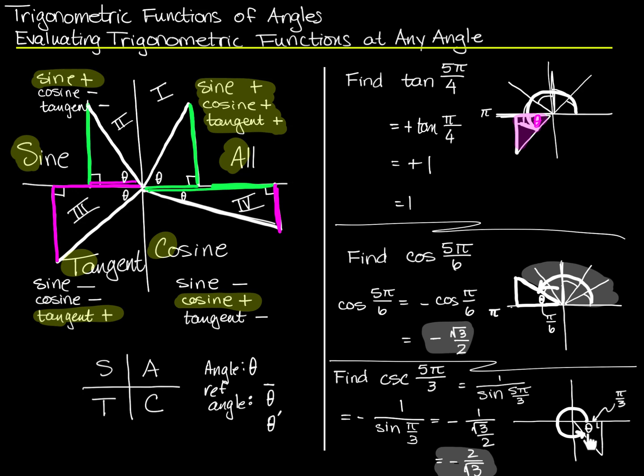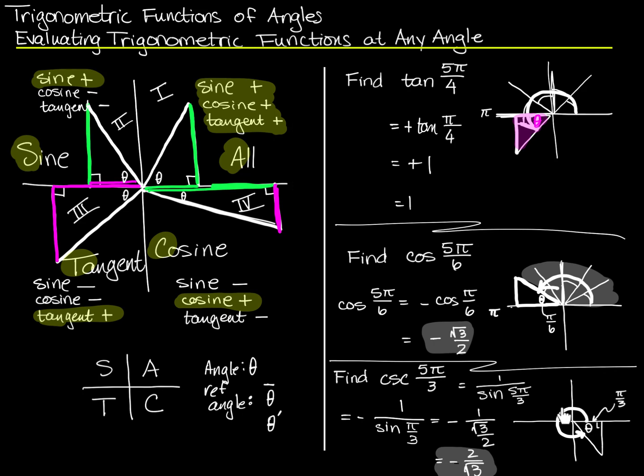The reference angle is called theta bar, and that's a little bit different from the way that I've worked through these problems. I'm just calling my reference angle theta in each case, but I know in my head that the angle I'm interested in is this big angle here, and that theta is just my reference angle.